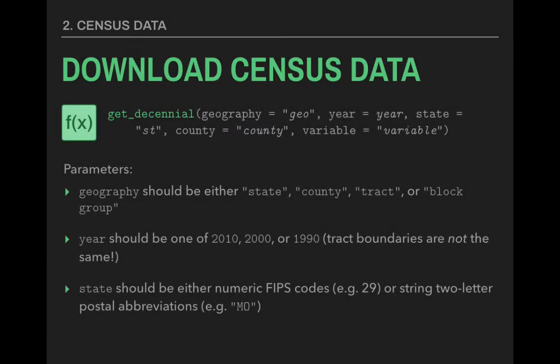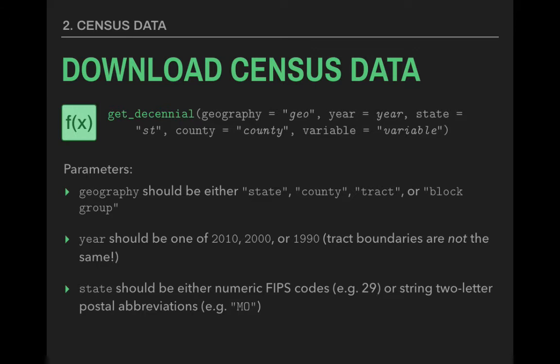Once we know what variable we want, we can use the getDecennial function to download it at any level of geography it's available for. So typically, data can be downloaded either at the state level, the county level, the tract level, or the block group level. This is going to be specified in the geography parameter.